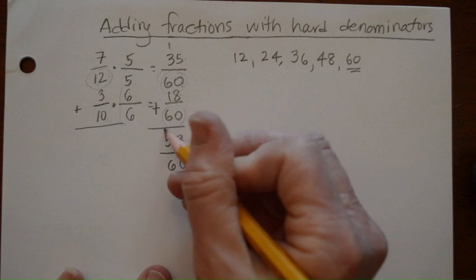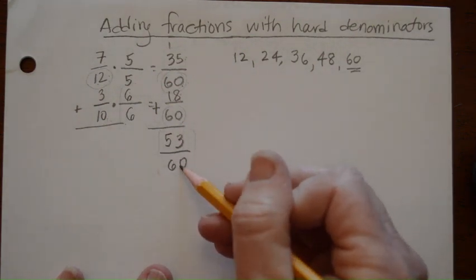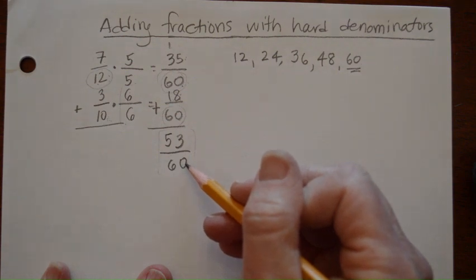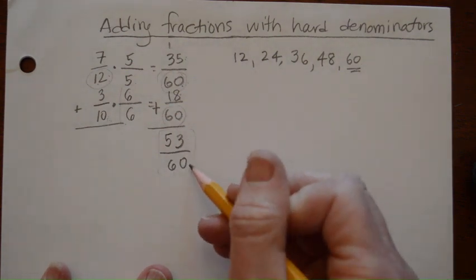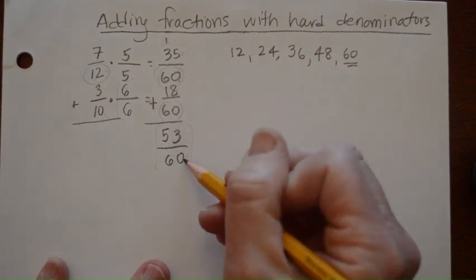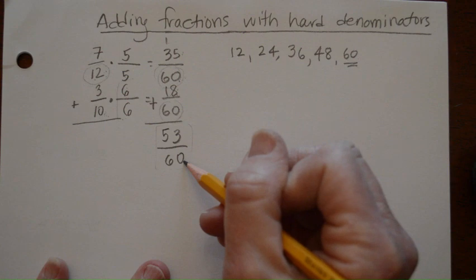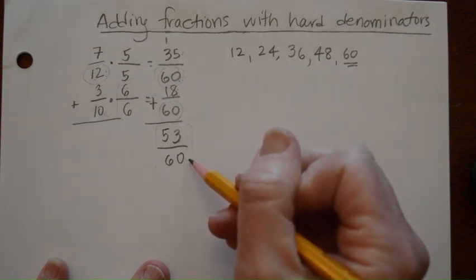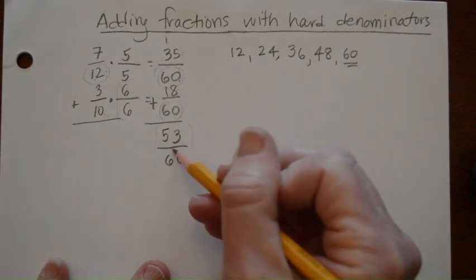And at this point, we would want to check to make sure that we can't reduce this, or if it were an improper fraction, we would want to change it to a mixed number. But I can see that, well, let's see. The factors of 60 would be 2, 3, 5, 10, 6, but none of those go into this.